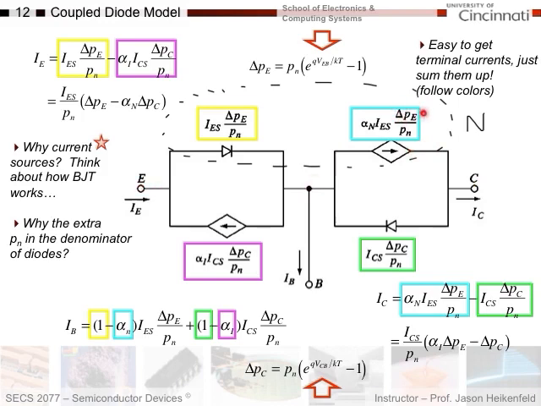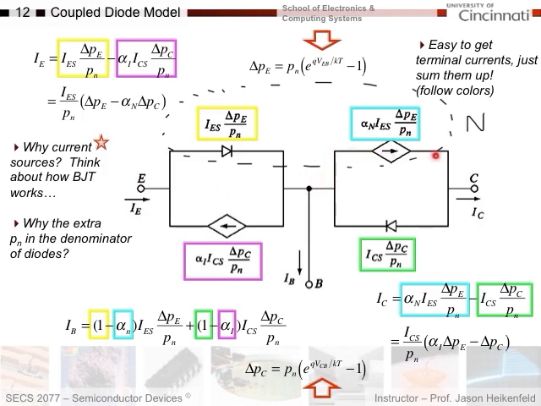Because look, in here, I've got delta PE, and delta PE is dependent on emitter base voltage. That makes complete sense, because the carriers that show up at the collector are determined dominantly by those that are injected by the emitter. So that's how much current's going to get through the collector.